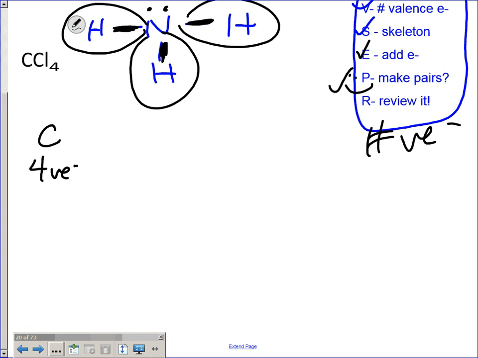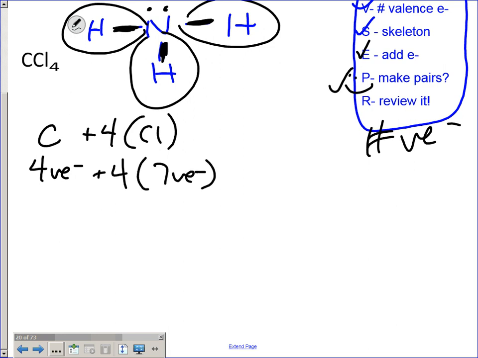4 valence electrons. Okay, I have 4 chlorines. So I'm adding 4 chlorines. How many valence electrons does chlorine have? 7, because it's in the 7th group. How many is that total? 32. Is everybody picking up what I'm putting down here? How am I counting valence electrons?